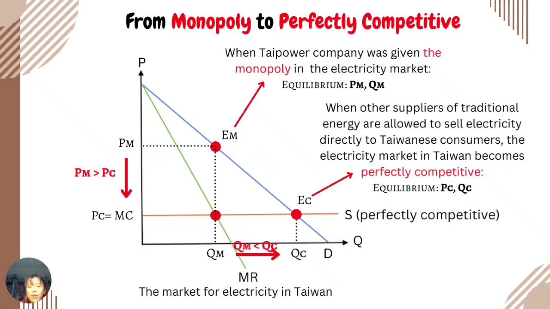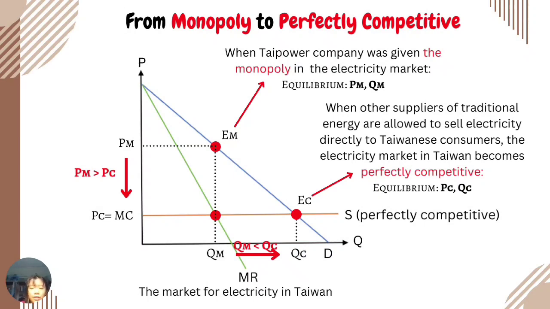And when other suppliers of traditional energy are allowed to sell electricity directly to Taiwanese consumers, the electricity market in Taiwan becomes perfectly competitive, and the equilibrium will be EC, which is PC and QC. So as we can see, the price charged by monopoly is higher than the price when the market becomes perfectly competitive. Quantity supplied by monopoly is smaller than quantity supplied when the market becomes perfectly competitive.